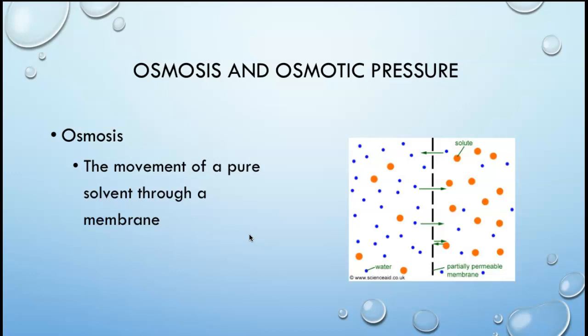The solvent particles kind of want to try to equal out the concentration. So what's going to happen is they're going to move through, going from less to more concentrated faster than they're going to go in the opposite way. But eventually you'll get to a point where the movement is the same.